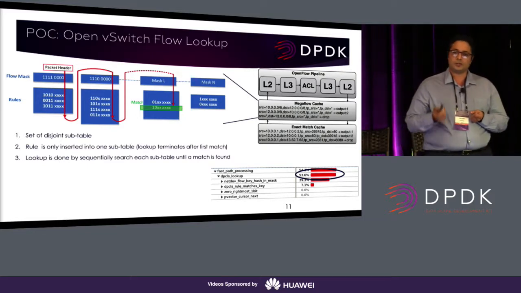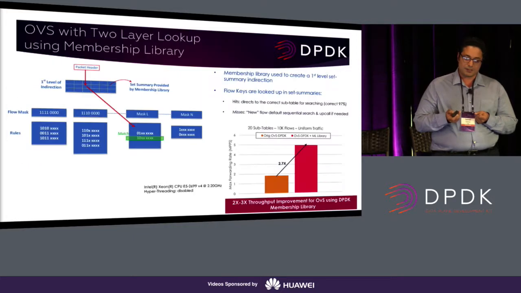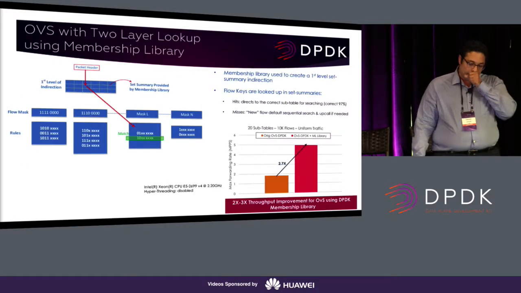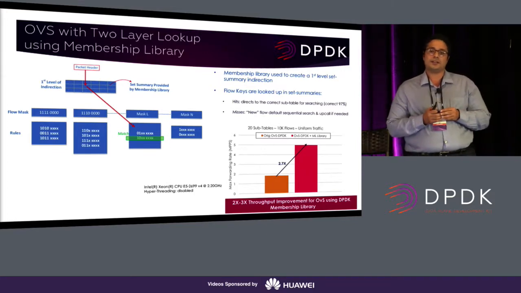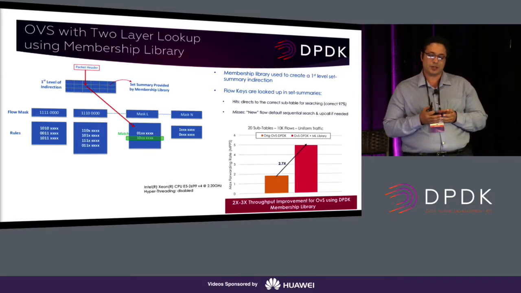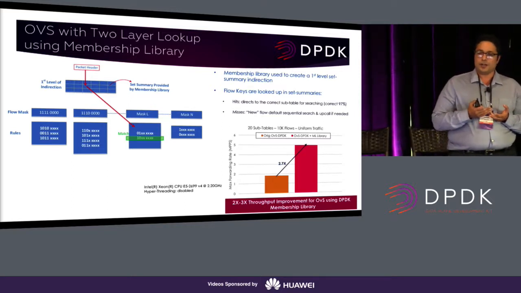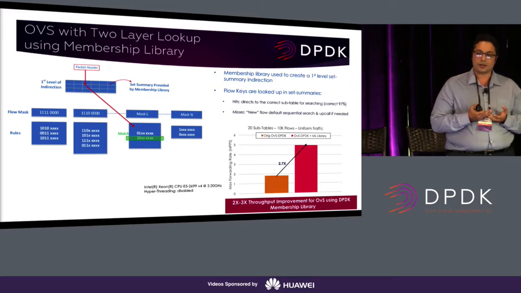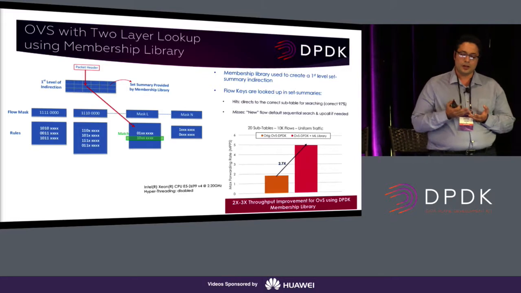So how did we use the membership library to optimize this flow classification? It's very easy. We created a set summary, and we call it the first level of indirection. A packet header or a key will come into this data structure.